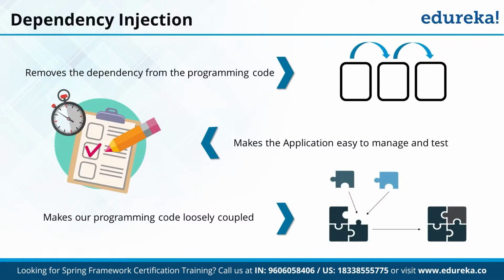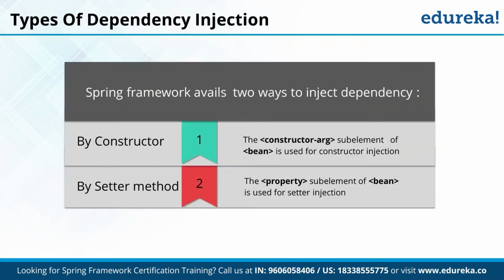That's the key important point which we need to take care of even when we are writing code examples. All right, so how is dependency injection taken care of by the Spring Framework? In the Spring Framework, we have injection by constructor and by setter method. These are the two different techniques by which the dependency injection is resolved. We have constructor-arg and property as key tags, which help us resolve this dependency injection.